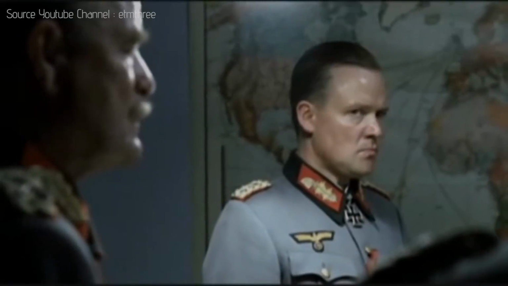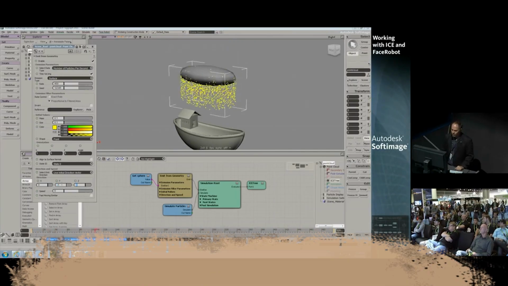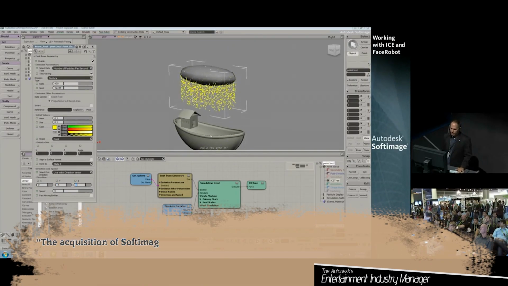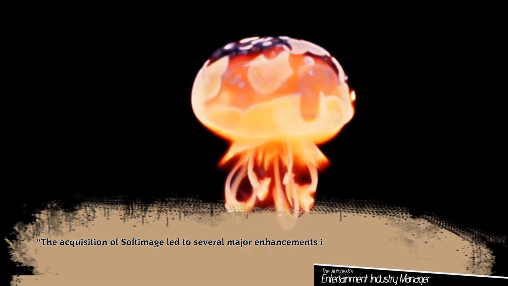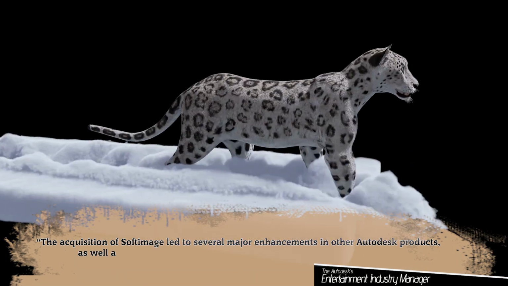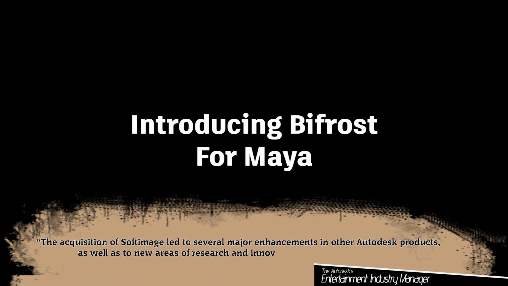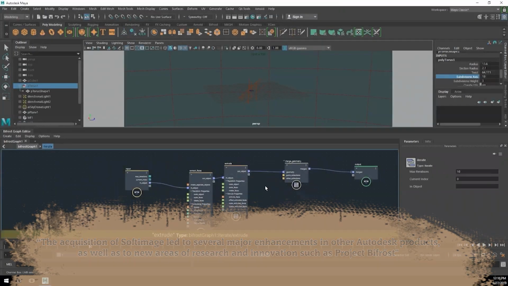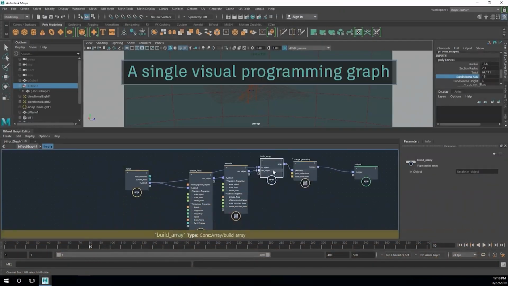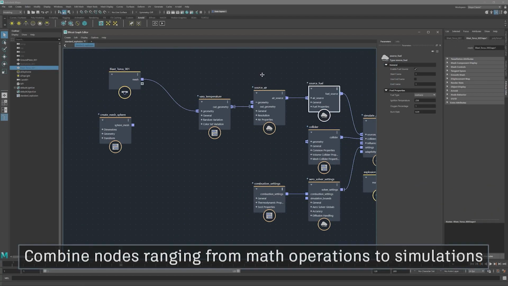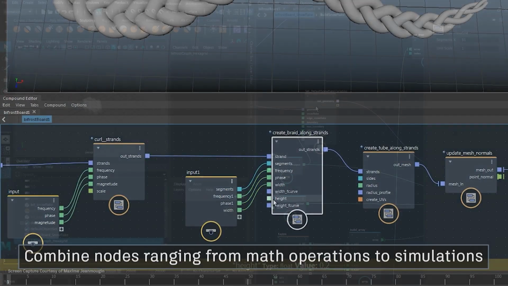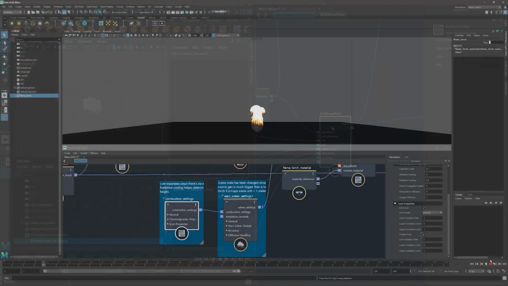Autodesk's entertainment industry manager said about this, "The acquisition of Softimage led to several major enhancements in other Autodesk products, as well as new areas of research and innovation such as Project Bifrost," referring to its new fluid simulation system that's 50% ICE and 50% NIAD system that Autodesk bought last year.